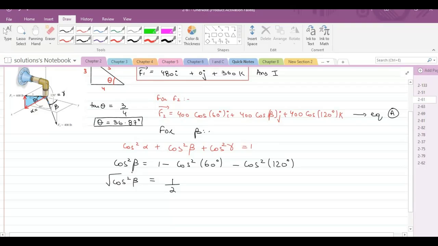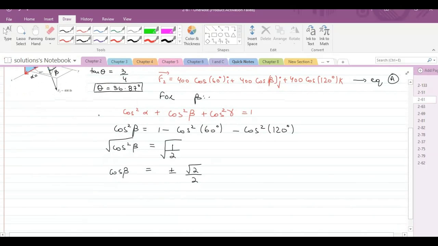When you take the square root on both sides, cos beta comes out to be plus or minus root 2 upon 2. So now we have two angles: one associated with the positive cos beta and one with the negative cos beta. If cos beta is positive root 2 upon 2, then beta would be 45 degrees.